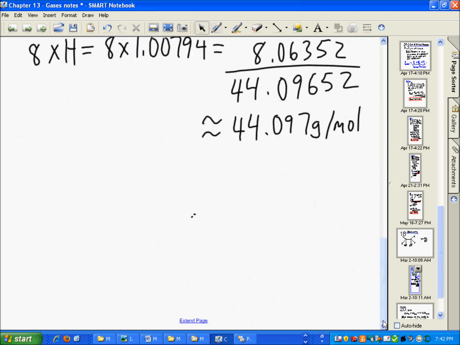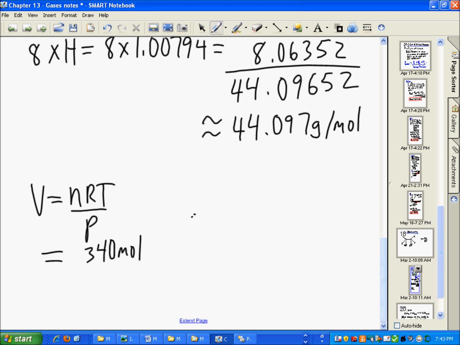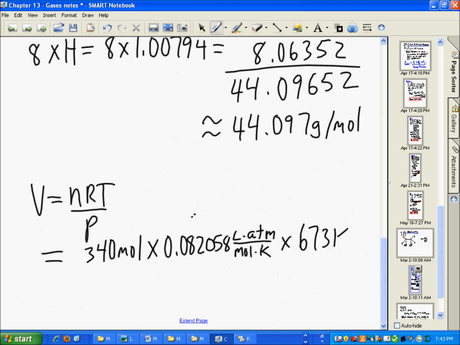V equals nRT over P. So 340 moles times 0.08258 liters atm over mole kelvin, times the temperature, which is 673 kelvins, and divided by the pressure, which is 1.000 atm.